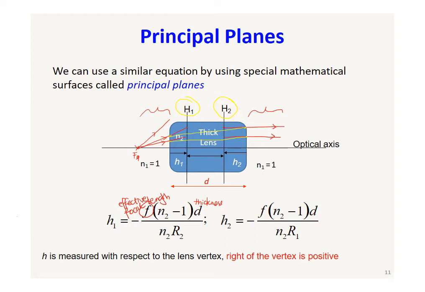To just clarify our sign convention, we are going to assume that all H's are positive to the right. So the front vertex is the origin for H1, and the second vertex is the origin for H2. But both of them are positive towards the right.